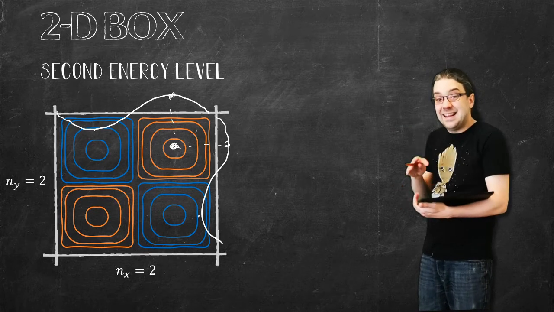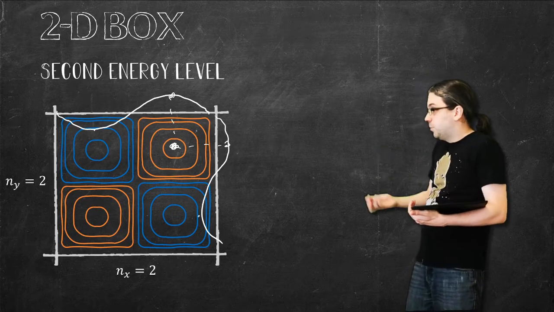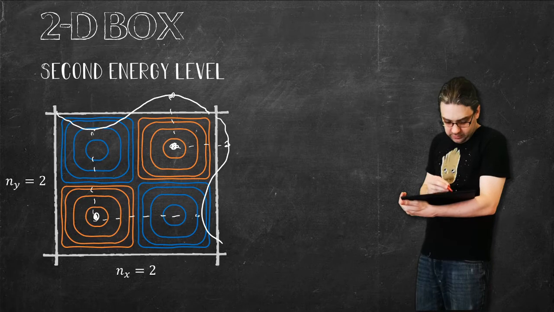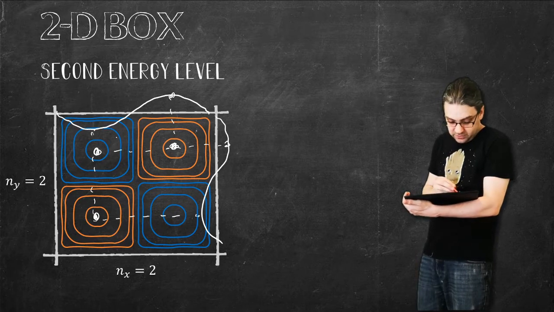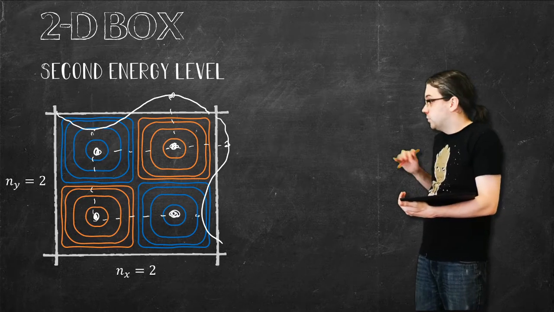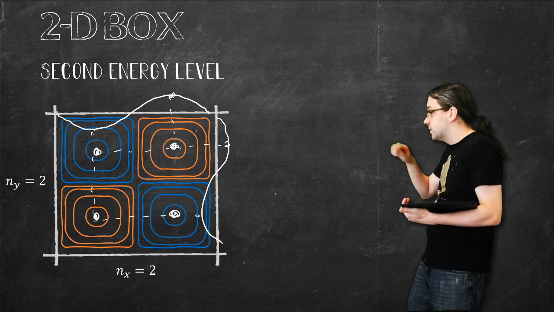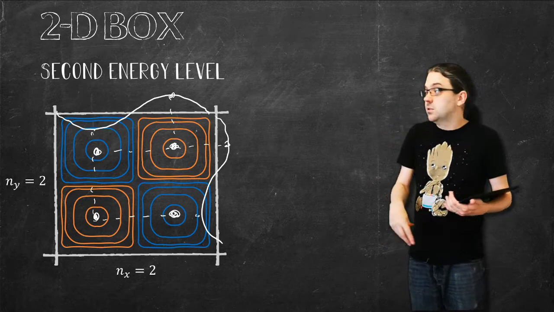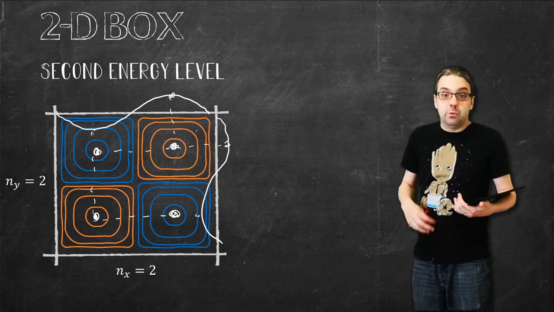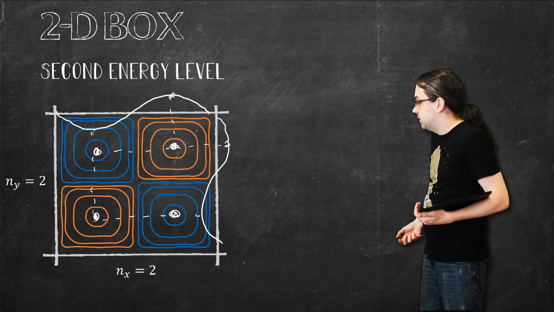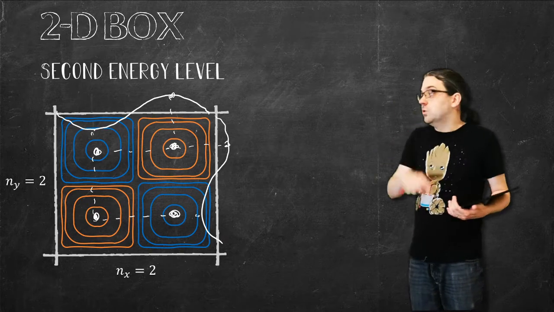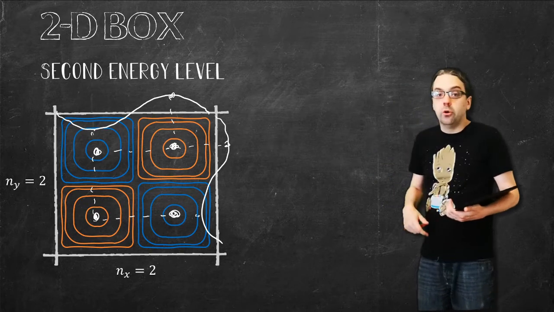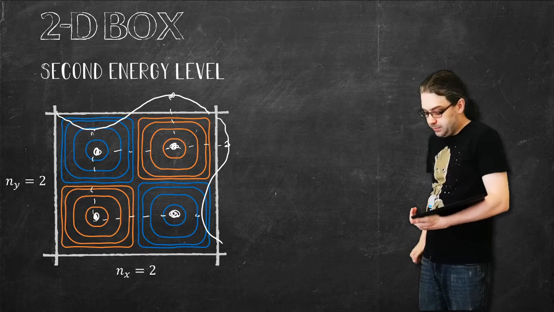Here's negative, and a negative multiplied by a negative gets you to a positive, and then negatives multiplied by positives get you negative numbers. So those blue quadrants there are negative. But remember, we need to square that to get probability, so all of that would become a positive real number in the end. And that pattern continues. We can increase each of these quantum numbers by 1, 2, however we like.